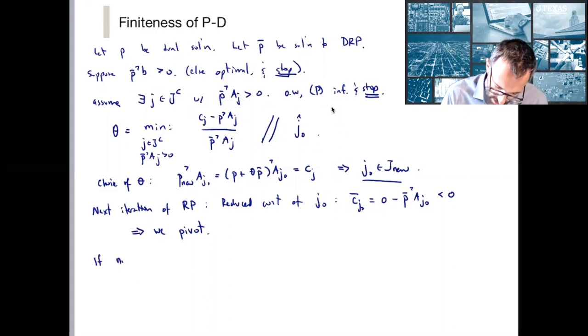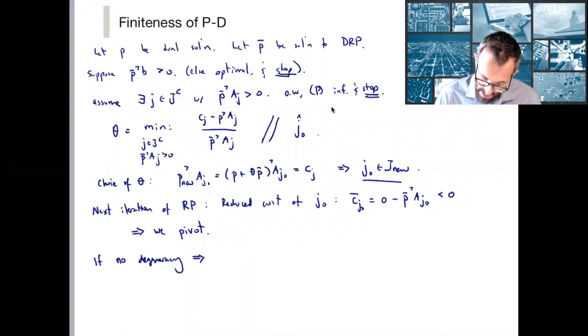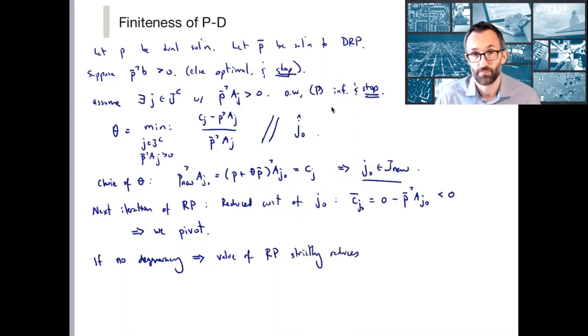If no degeneracy, this implies that the value of the restricted primal strictly improves, so strictly reduces. And because we have only a finite number of extreme points, it means we have finite termination.